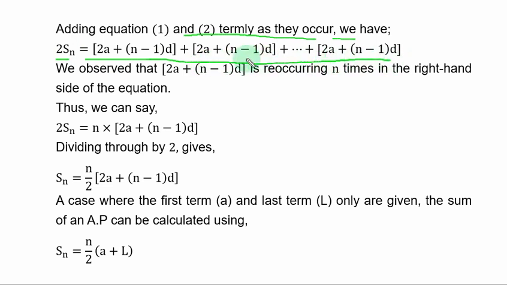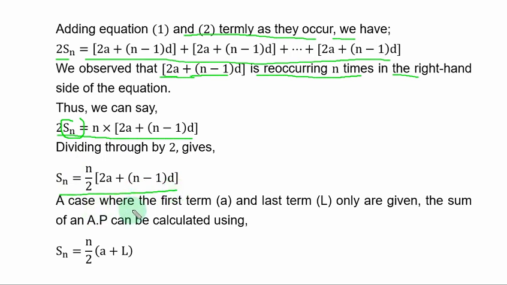You will observe that 2a plus (n minus 1) times d is reoccurring n times on the right hand side of the equation. That means you write one of it and multiply it by n. To get the sum of terms S sub n, you divide through by 2, and you have this result.